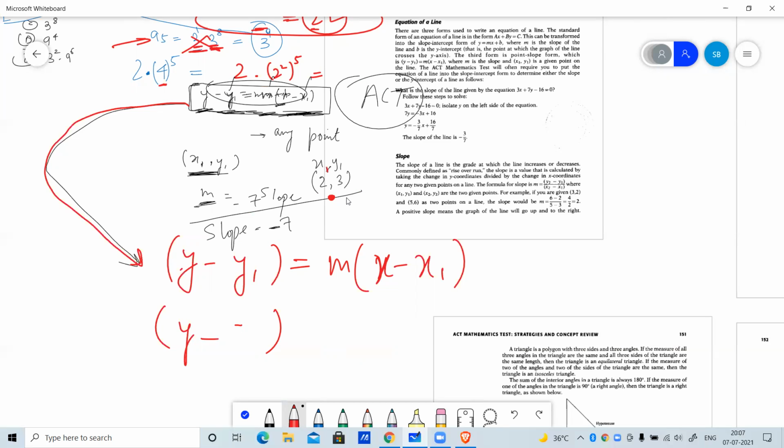No. When you write the ordered pair, you write the first as the x coordinate and the second as the y coordinate. So if the first one is the x coordinate, you put it as x1, and if the second one is the y coordinate, you put it as y1.